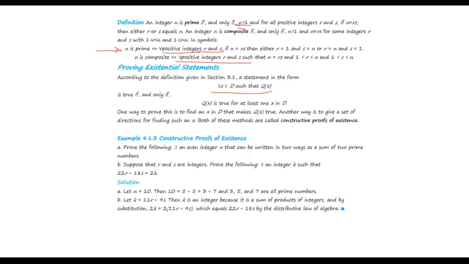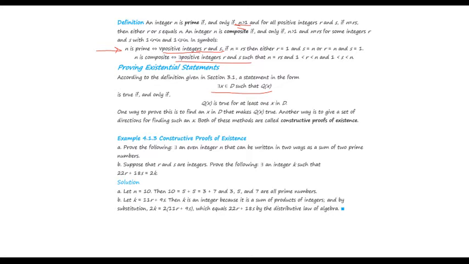So we have two ways to prove such an existential statement. The first way is to prove that there is some x in D, or we can find one x in D that makes q of x true. So we have to give an example of such a member of D that makes q of x true.